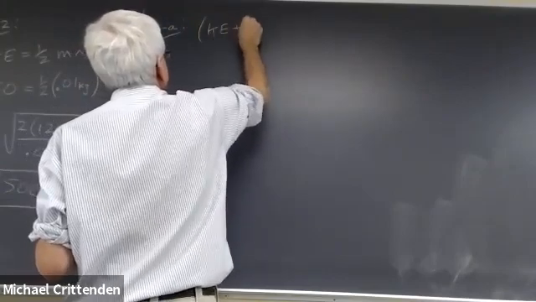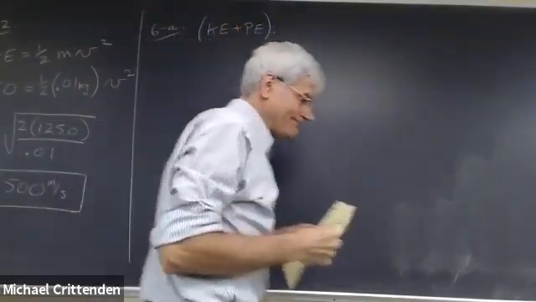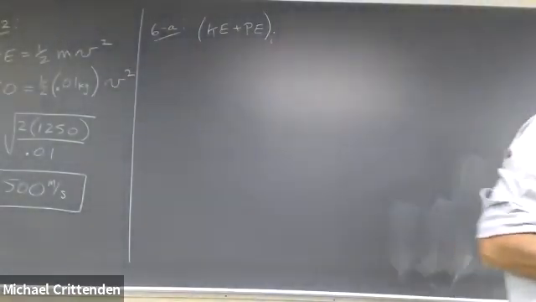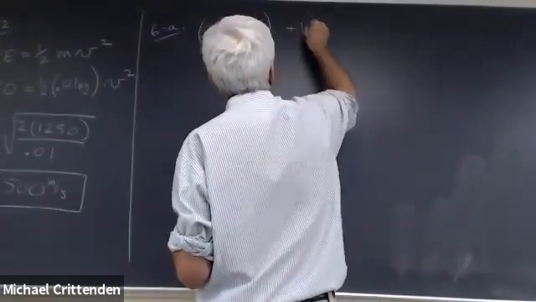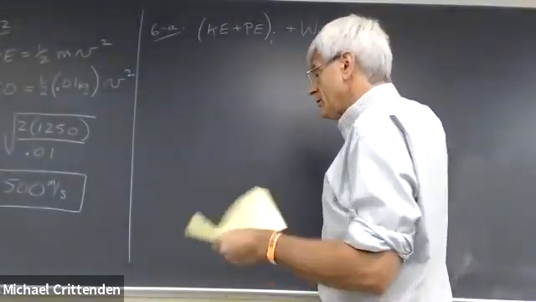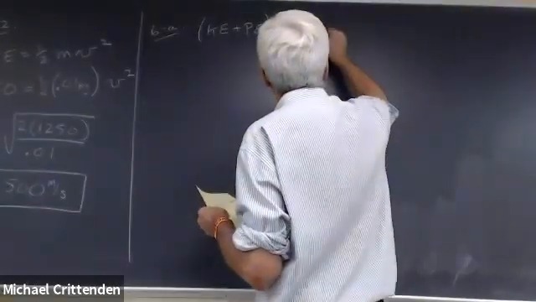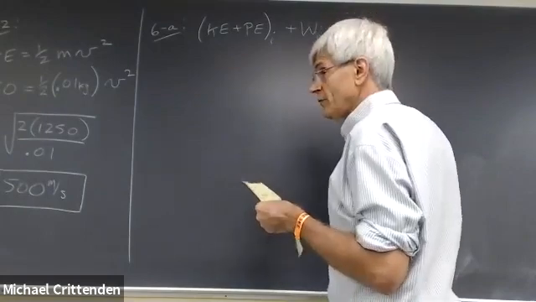Kinetic plus potential initial plus the work done, not the total work done, which would include the work done by gravity, but the work done by any non-conservative forces such as friction.